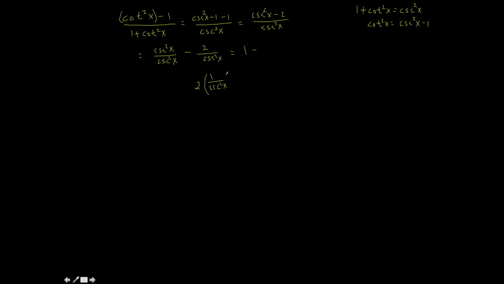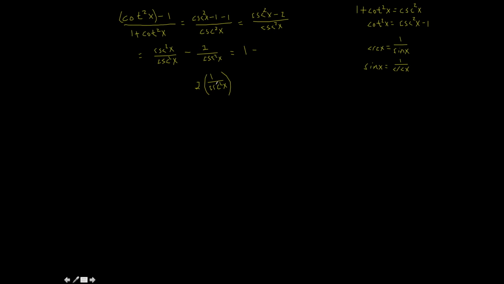Well, think of your reciprocal identities in reverse. Cosecant x is 1 over sine. Well, in the same instance, sine can be the reciprocal of cosecant, if you remember. Okay, sine is also the reciprocal of cosecant.